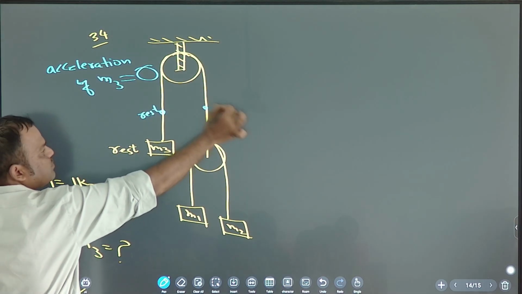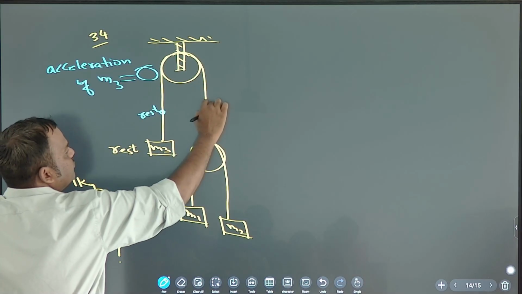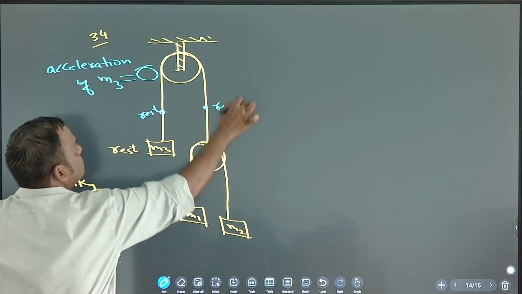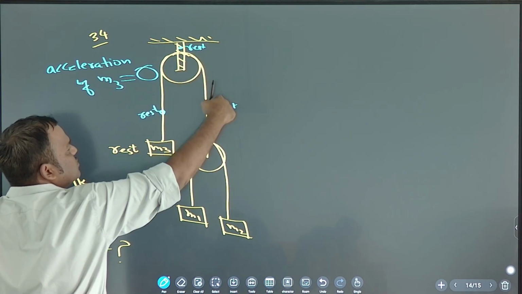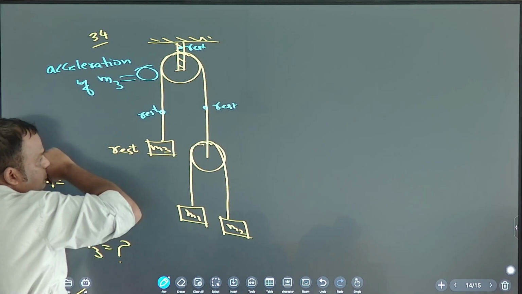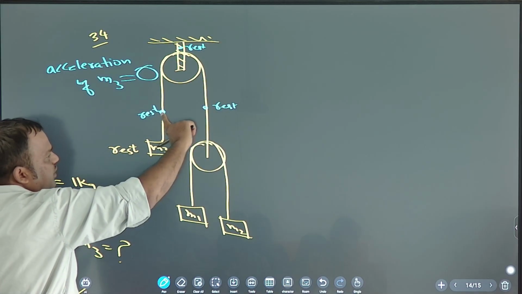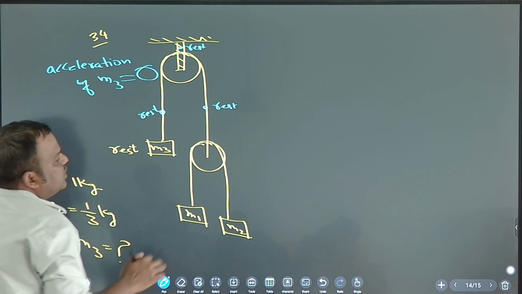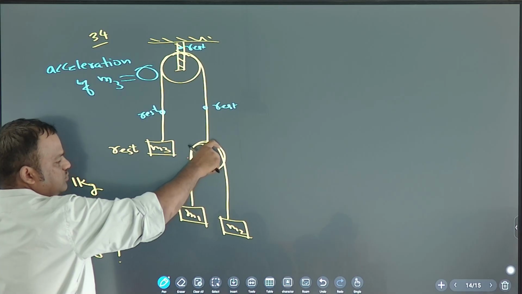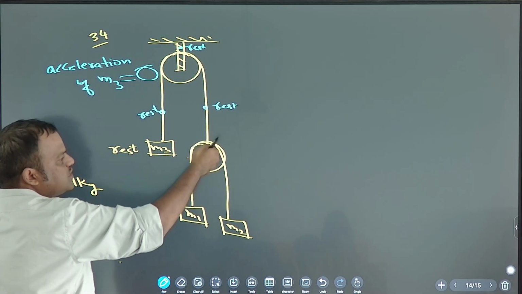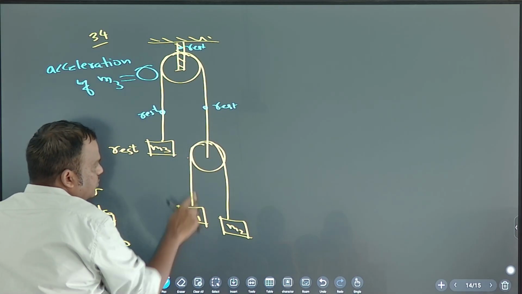What is the acceleration of this point? 0, rest. Because this is also at rest. If this point is not going, this is also not going. So what is the acceleration of this pulley? Rest.